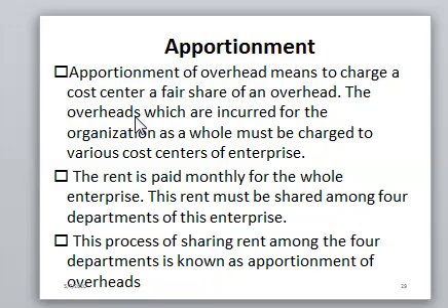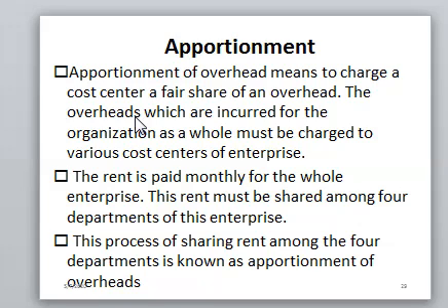Then another stage, once you have collected and classified the overheads, is to apportion, because as we said, some overheads may be direct, but other overheads may be indirect. So because some of the overheads are indirect, we need to apportion those overheads.